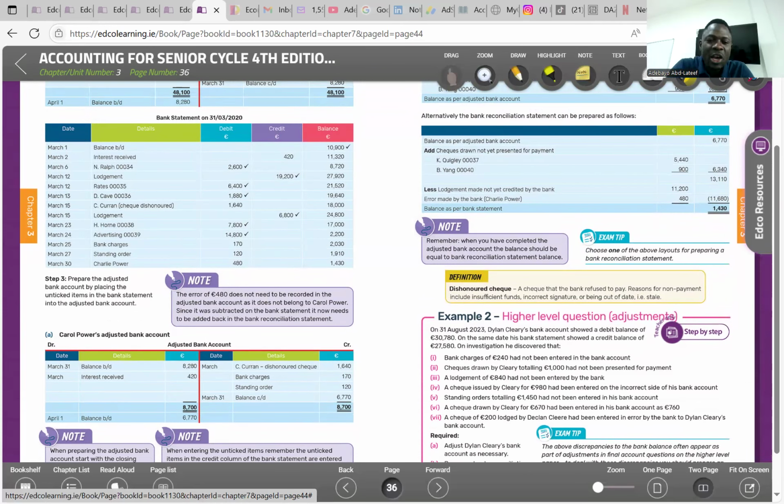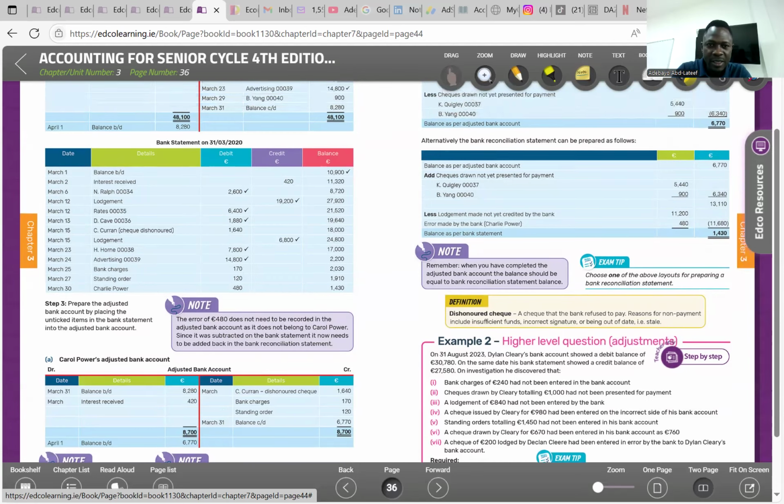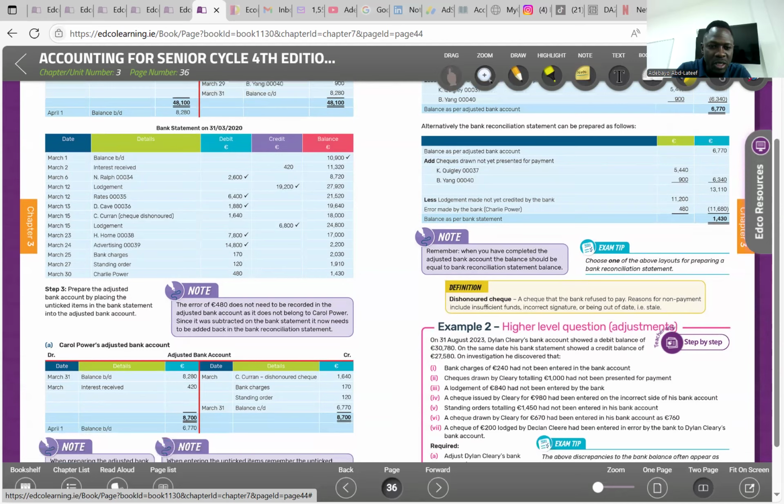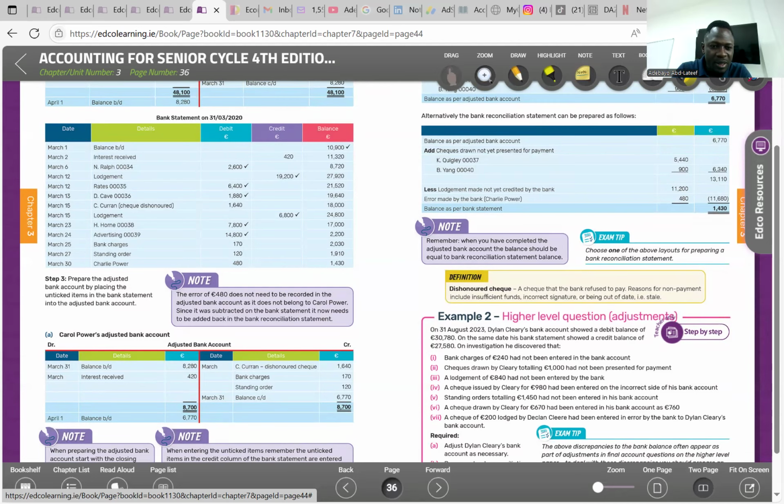Those unticked on the debit side of the bank statement will be credited on the adjusted bank account. So we have two ticks here, two boxes there. The balance, which is 8,280 and 5,440. Now they are there.